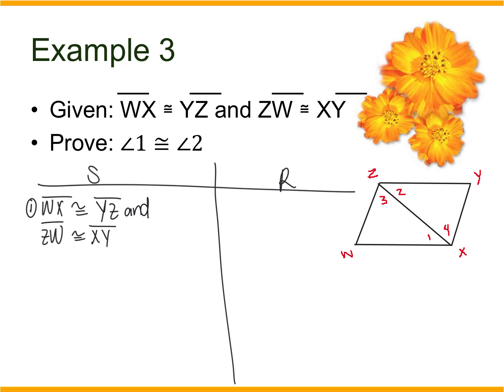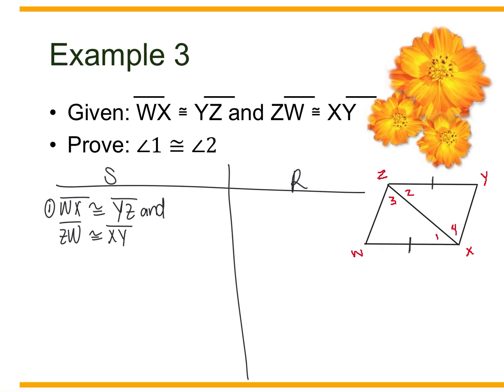First thing is my marks are not made on my diagram. Please make sure you are marking your diagram. It's going to help. So I'm going to put my little congruency marks. I have WX is congruent to ZY, or YZ. ZW is congruent to XY. Okay, this is given.